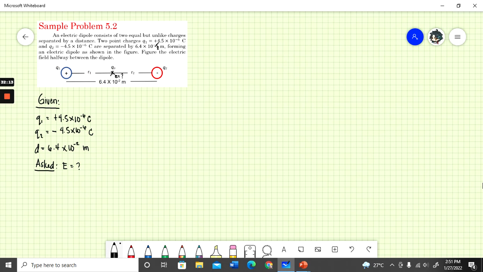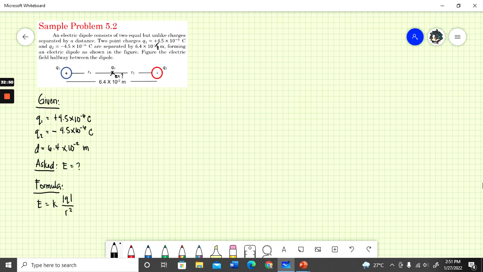We discussed earlier that in order for us to figure out the electric field at any point within the vicinity of any charge, we can use the equation E equals plus or minus K multiplied by the charge of your point charge or source charge divided by R squared.